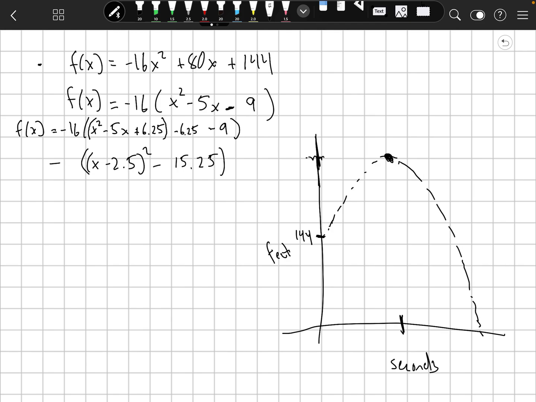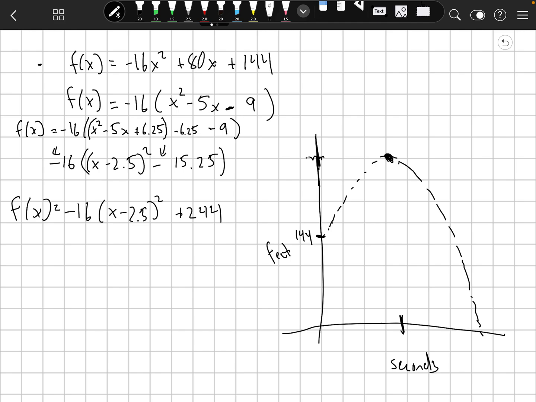We just need to multiply in. We factored out the -16. Now we're going to multiply it back in to meet our need here. So -16 times x minus 2.5 squared, and 16 times 15.25 is 244. So plus 244. You have, of course, a negative here times a negative there is a positive. And there we have it.